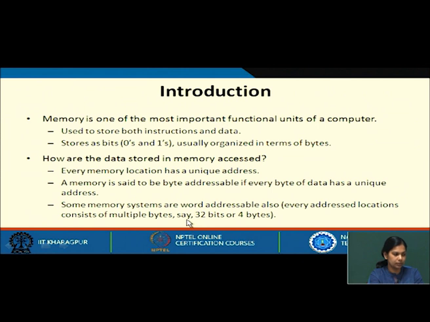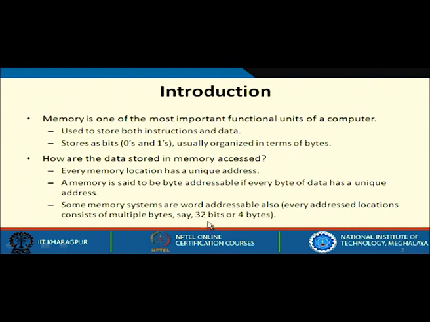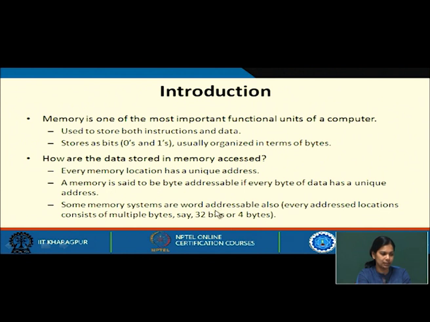And if every address location consists of multiple bytes, say 8 bytes, that is 64 bits, then the word length is 64, and in the memory system the address will be incremented by 8.